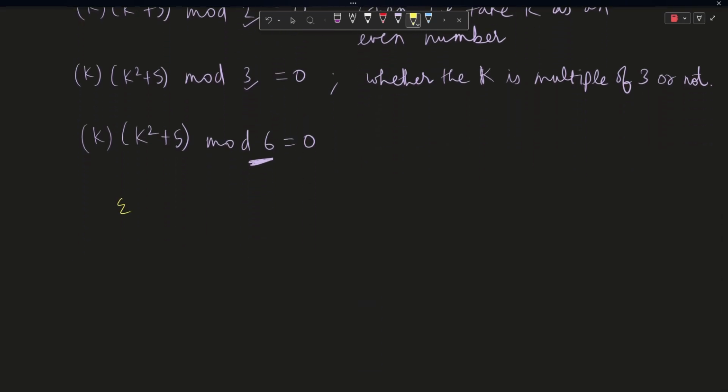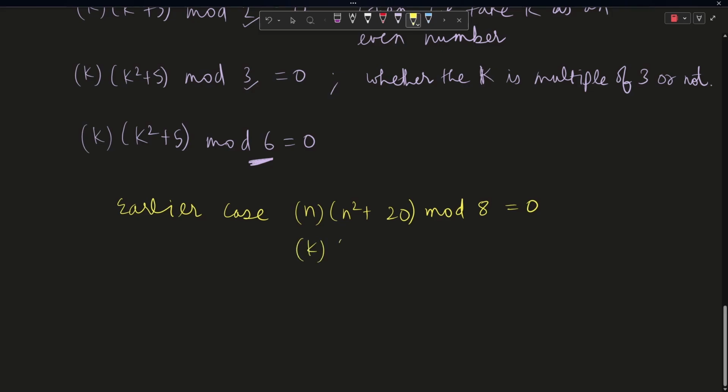In the earlier case, we have observed that the whole number n into n square plus 20 was divisible by 8, and k into k square plus 5 mod 6 is equal to 0.